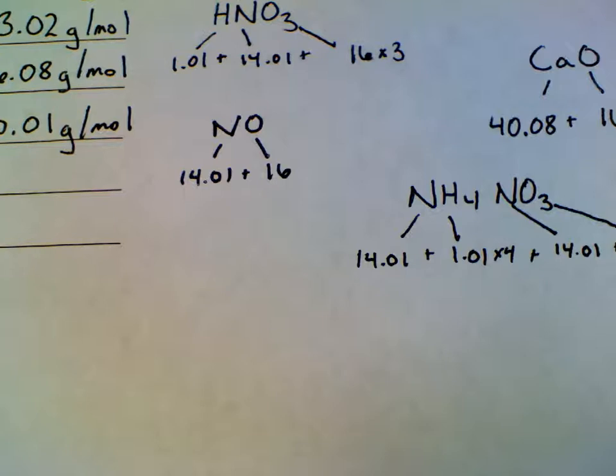Plugging that all in, 14.01 plus 1.01 times 4 plus the 14.01 from the second nitrogen and 16 times 3 equals 80.06.